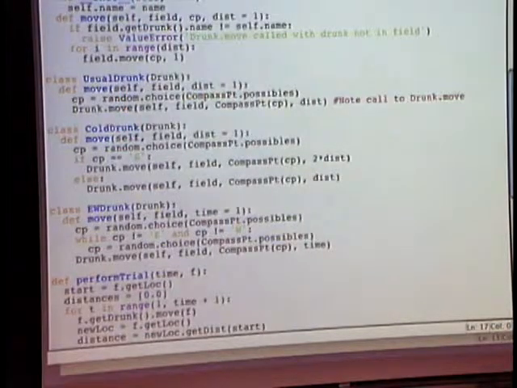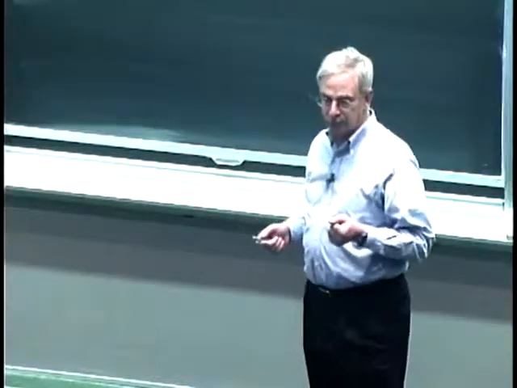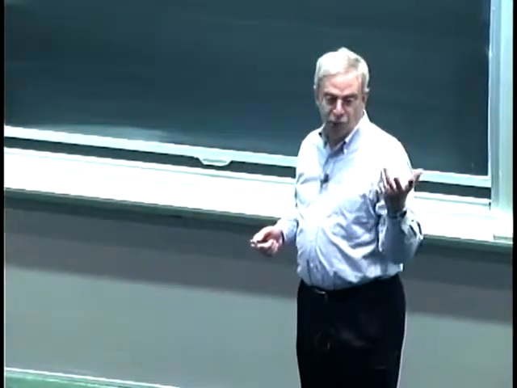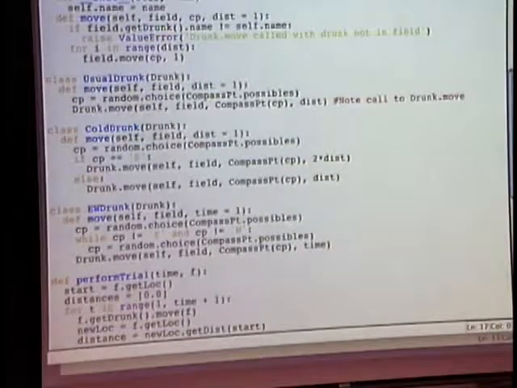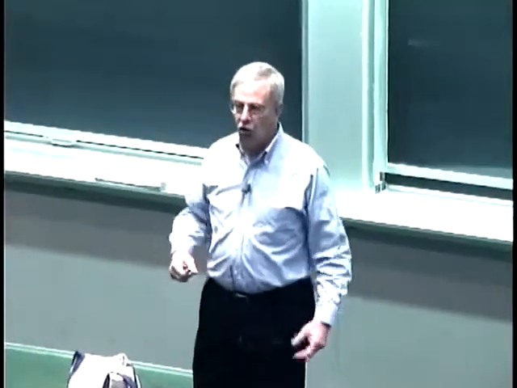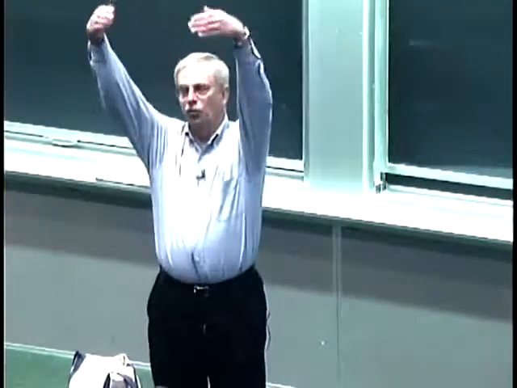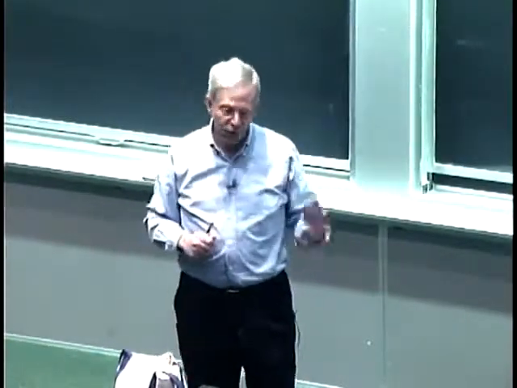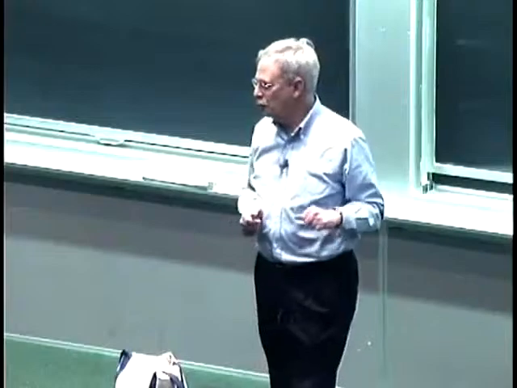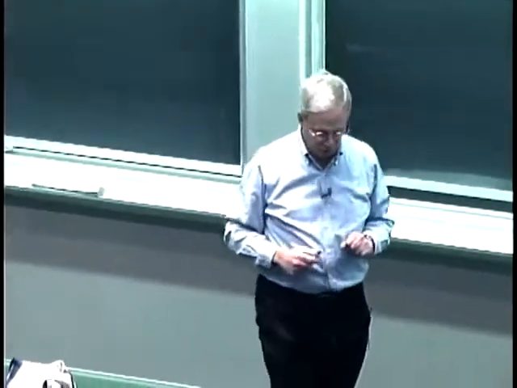So usually you're expecting me to write something like d.move, the object. Here, instead, I'm specifying which class to get the move from. So this is saying, don't call my local move, call the move from the superclass. There are a number of other syntaxes I could have used to accomplish the same thing. I use this because it seemed the most straightforward.